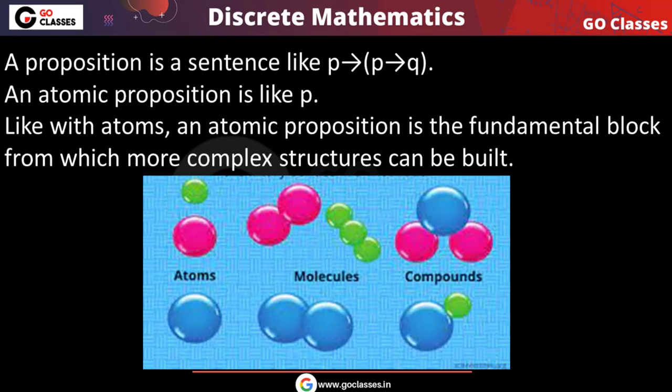So you can notice that, this is the analogy. Atomic propositions are like atoms, for example p, q, and r. Using logical connectives, from these atomic propositions we can create compound propositions.